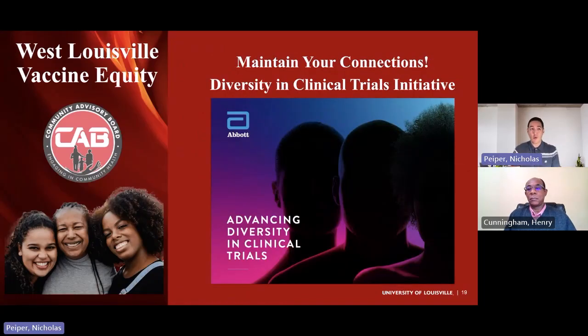A big lesson that I want to emphasize with this vaccine equity program is to maintain your connections. So about half of the CAB has been rolled into a new CAB that is focused specifically on diversity in clinical trials.